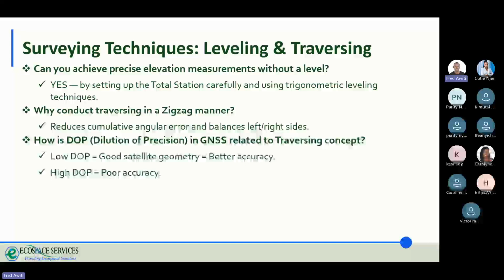This is the equivalent of the zigzag manner of running a traverse, brought into GNSS. In GNSS, there are so many adjustment computations being done in the background to ensure that you get good results. And that is why from the beginning I mentioned that you must have at least a specific number of satellites to be able to get a position.